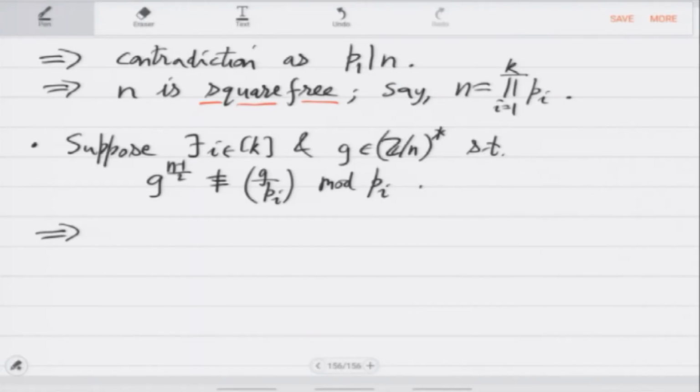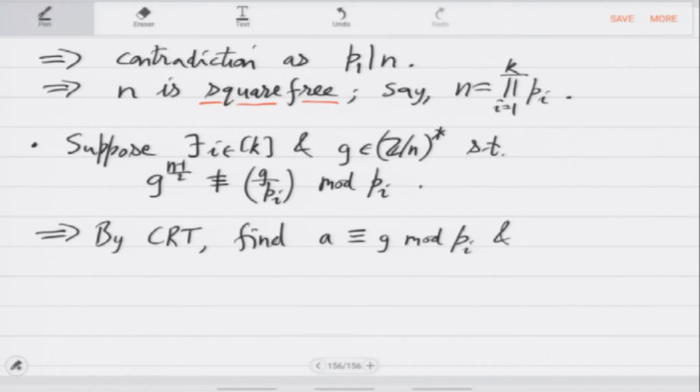Then what you can do is by the Chinese remaindering theorem, CRT, you can find an A which is the same as G mod Pi and 1 for the other Pj's.